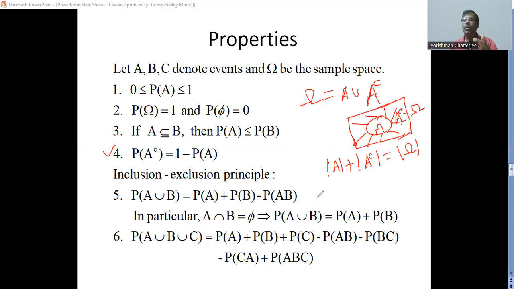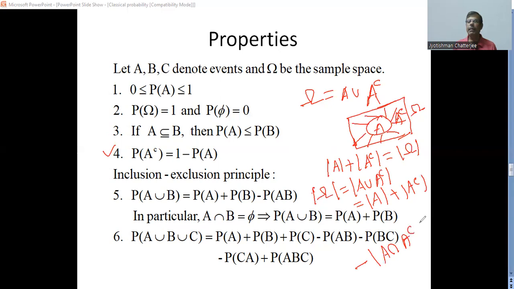Intuitively, it's very clear. Or you can apply the inclusion-exclusion principle. Say, what is it? Size of omega is equal to, by inclusion-exclusion principle, size of A plus size of A complement minus size of A intersection A complement. Is there any element in A intersection A complement?